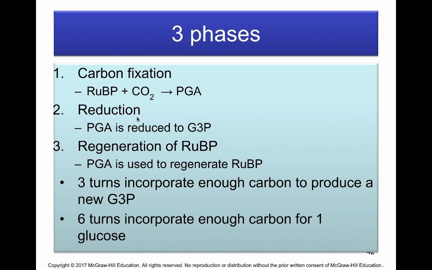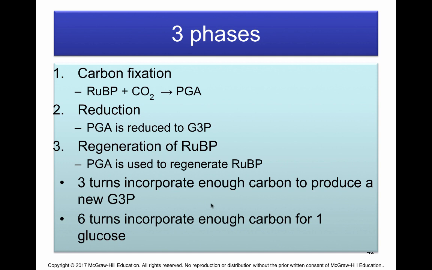The second phase is what we call reduction, and we know that reduction means you are adding an electron or a hydrogen to something. So PGA gets reduced using the hydrogen from NADPH into a molecule called G3P. From that point, G3P can become glucose, and we can also do the third step. It's both of those things actually. We use it to make sugar, and G3P is used to regenerate RuBP.